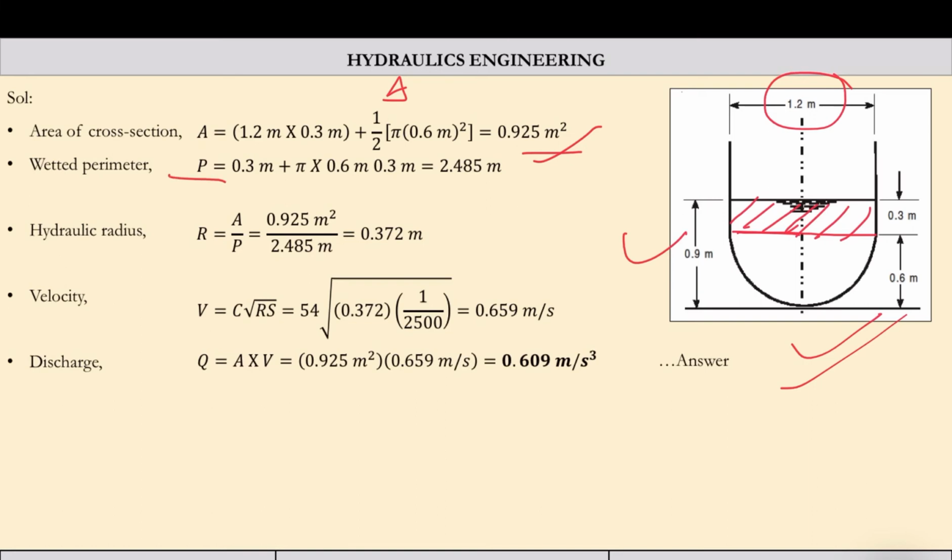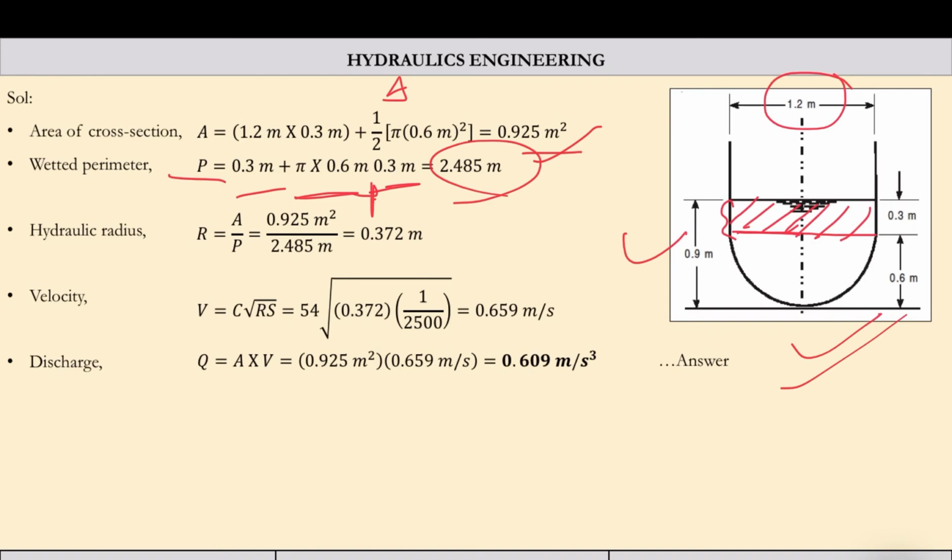Again perimeter will be like 0.3, this, plus perimeter of semicircle, that is pi into r, because perimeter of full circle is 2 pi r, semicircle is pi into r, plus 0.3. So finally you will get, here it is plus sign is there. So perimeter is 2.485 meters.